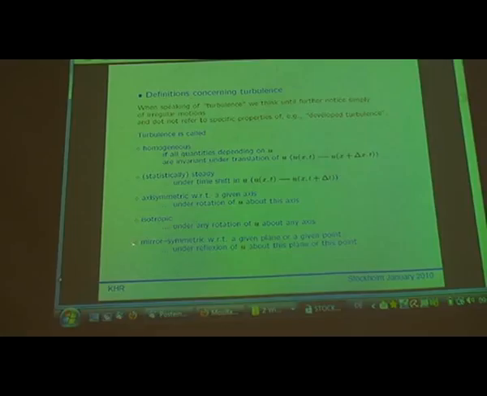And at the end, we call a turbulence mirror-symmetric or non-helical with respect to a given point or a given plane if this invariance applies under reflection of u about this plane or this point.